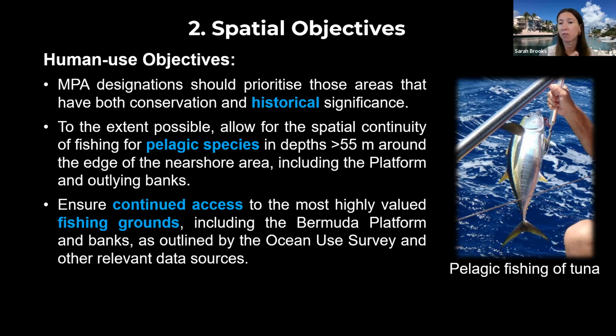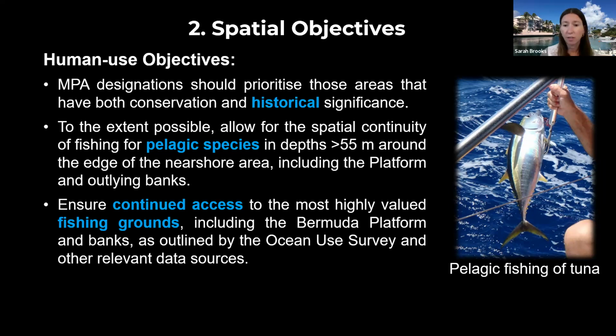So this is fishing for deeper fish species such as tuna, wahoo, mahi-mahi. These types of species account for about 50% of commercially landed species in Bermuda. And they also support the sports fishing tournaments, which is a big contributor to Bermuda's economy.